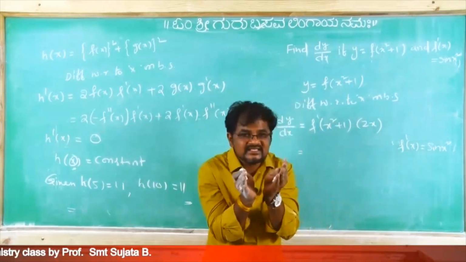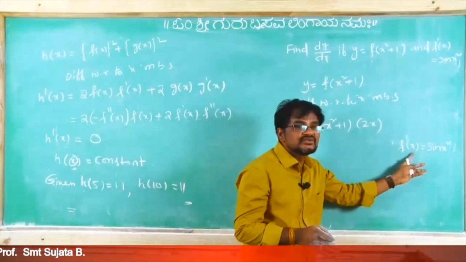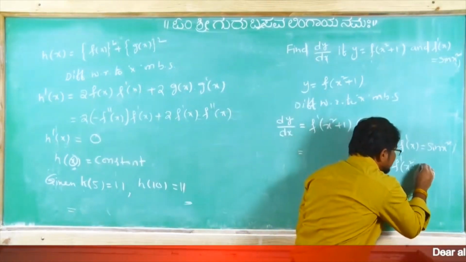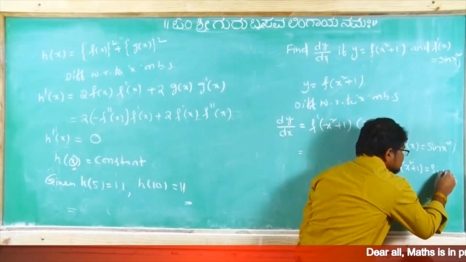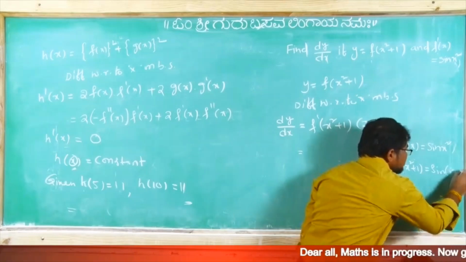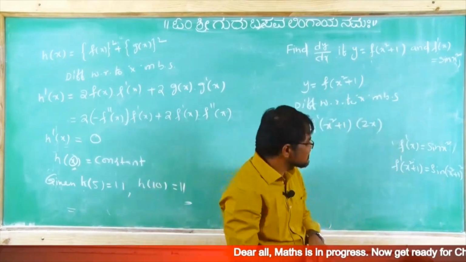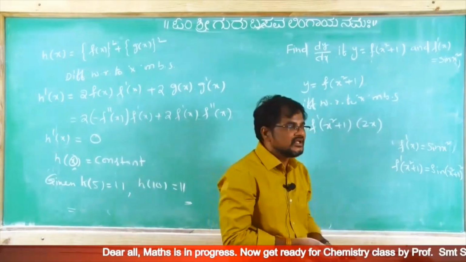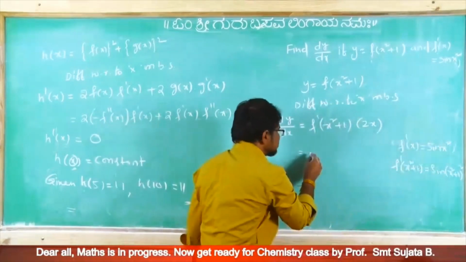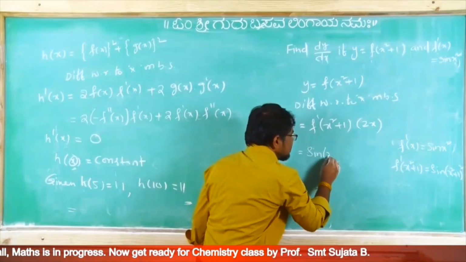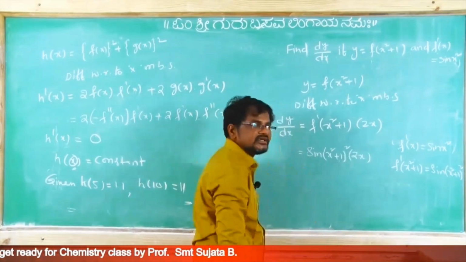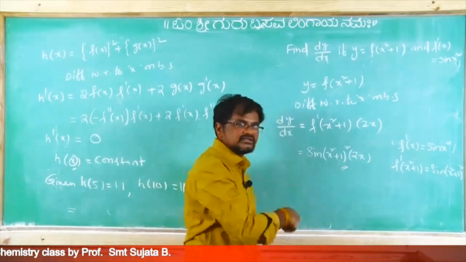So replace x by x square plus 1. Then f dash of x square plus 1 can be written as sin of x square plus 1, whole square. In place of x, we take x square plus 1 and substitute it here. That is equal to sin of x square plus 1 whole square into 2x. This is our answer. Okay.